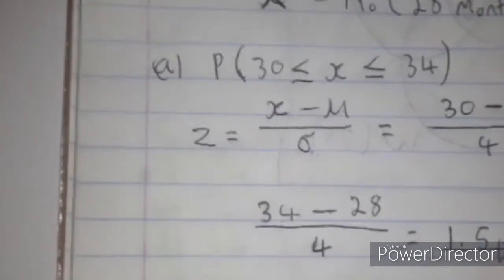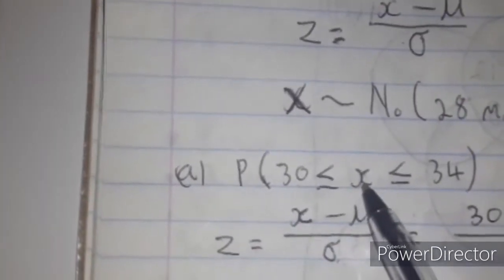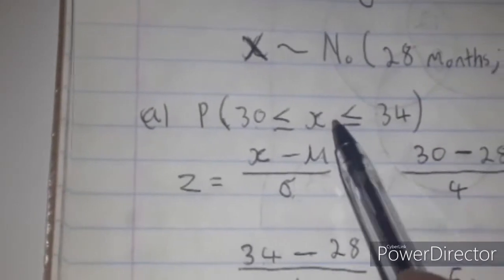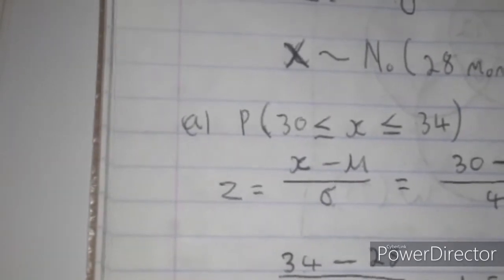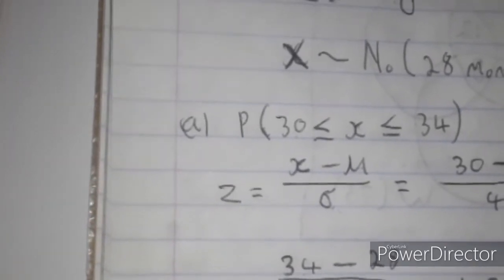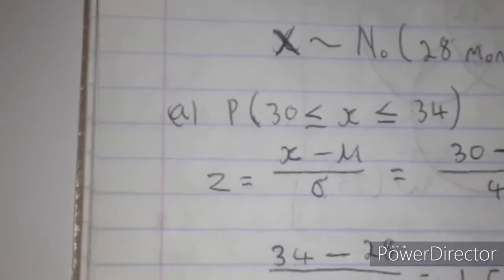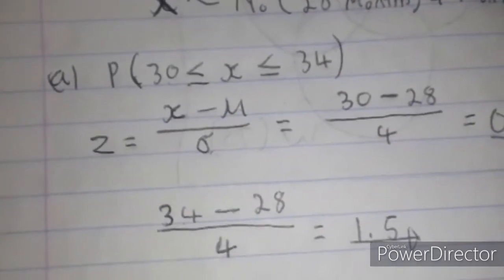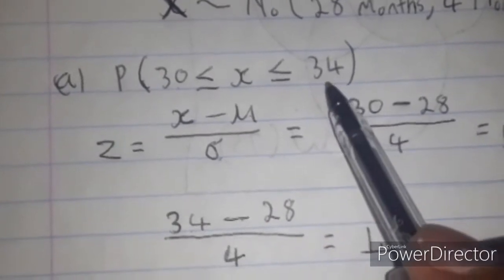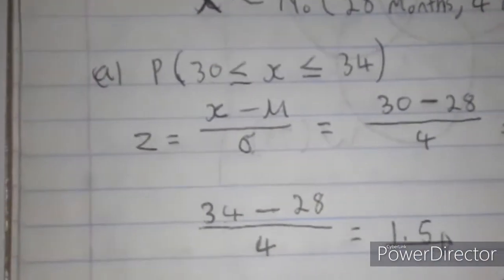Then the signs are still the same, but we change x because we no longer have x. We calculated z, so this x changes to z because these are the z values. So the z value of 34 is 1.5.